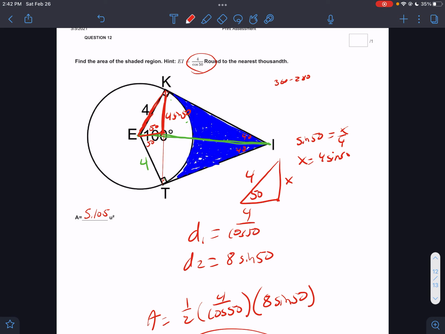And that makes sense. Okay, I agree with that. Focusing on that little red right triangle, we have a 50. Sine of 50 would be equal x over 4.